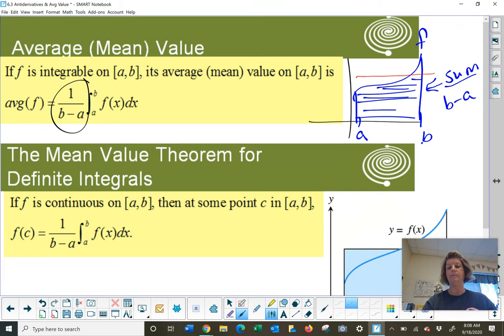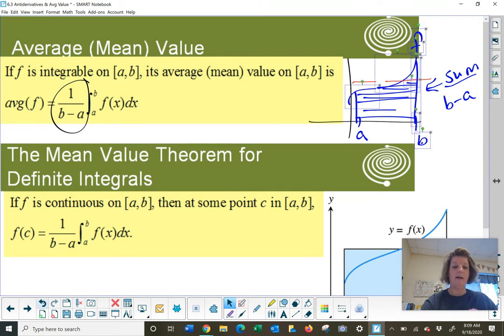maybe something down there. What I'm trying to do is balance out the area from above the region and balance it with the area below that region.